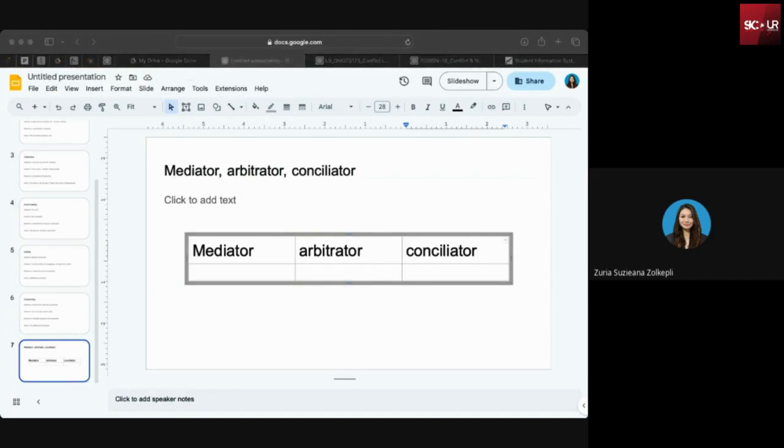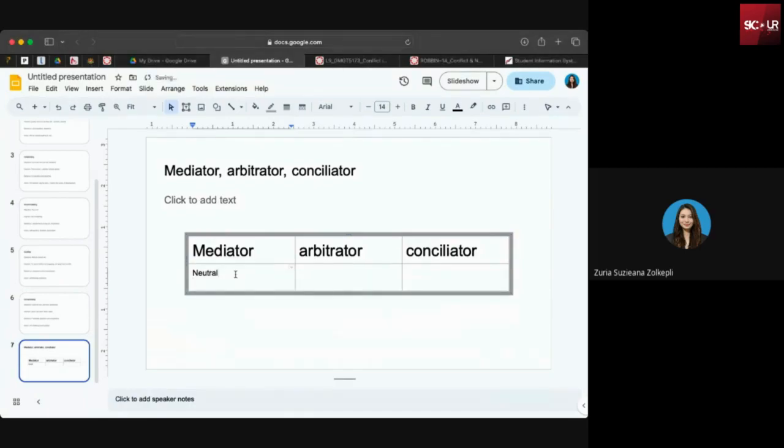For mediator, they act like what we call a neutral third party. What they do is mostly they try to facilitate communication. They become a third party and hear both sides. They can hear both sides and engage with you to talk.